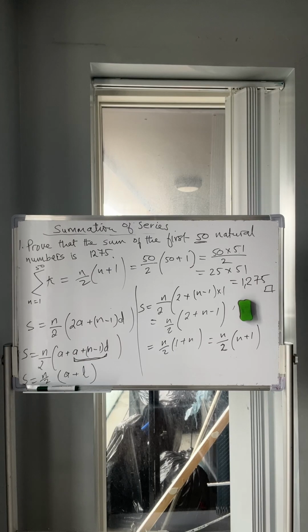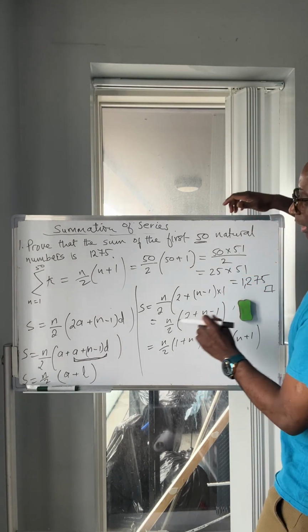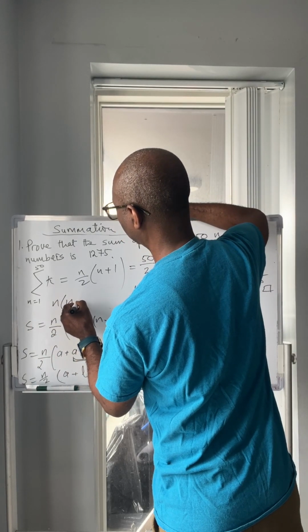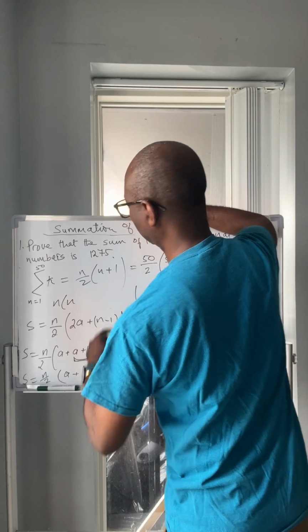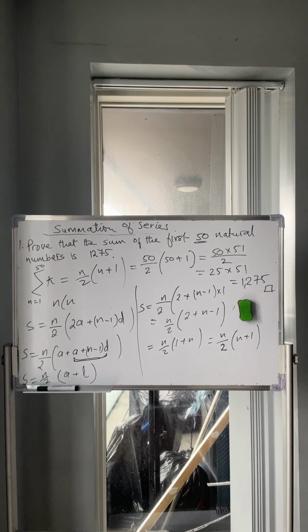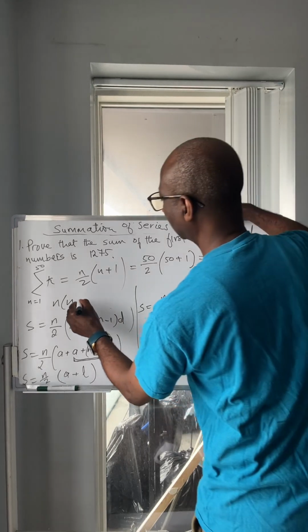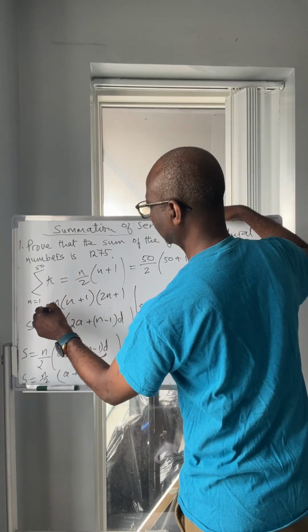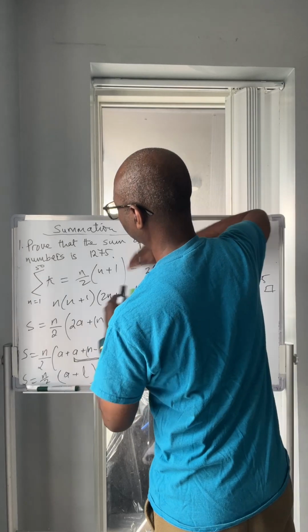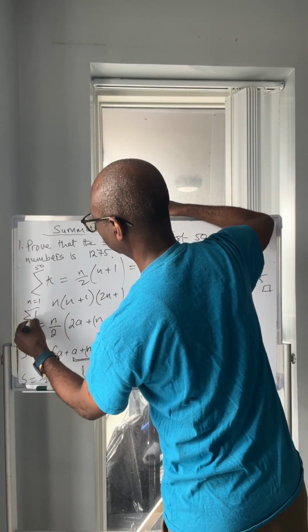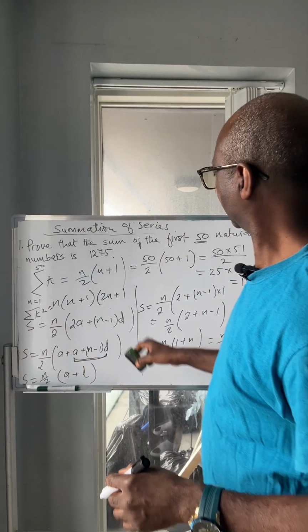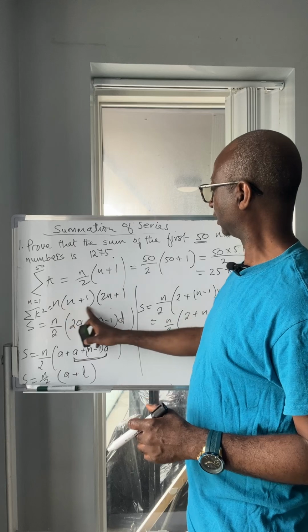And for the squares of the first natural numbers, the formula is n into n plus 1 into 2n plus 1 all over 6.